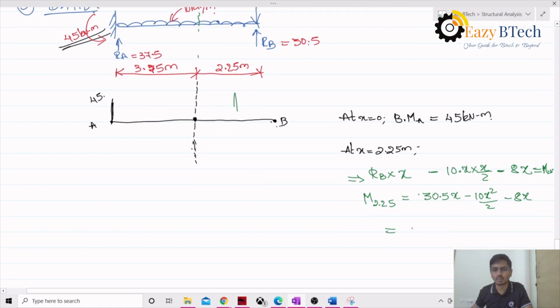If I substitute 2.25 here, this will be 30.5 into 2.25 minus 10 into 2.25 square by 2 minus 8 into 2.25. Solving this, we'll get 25.31 kilonewton meter.